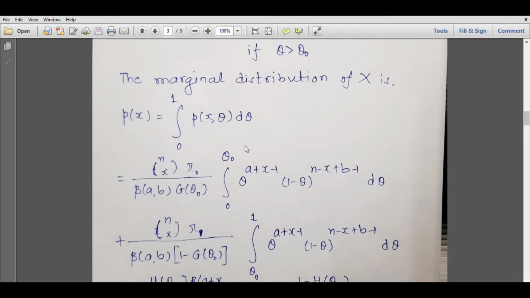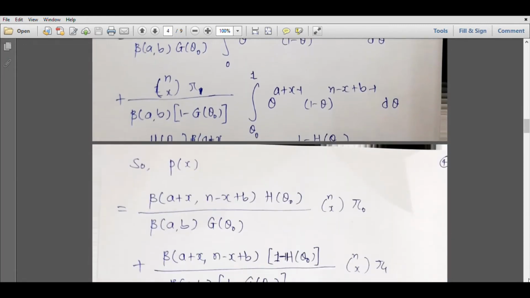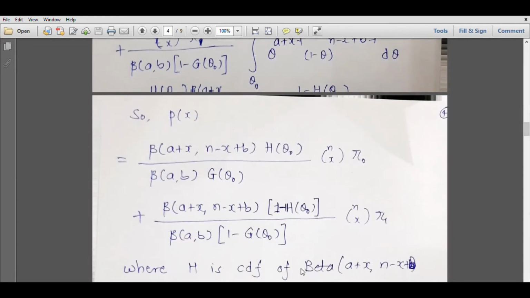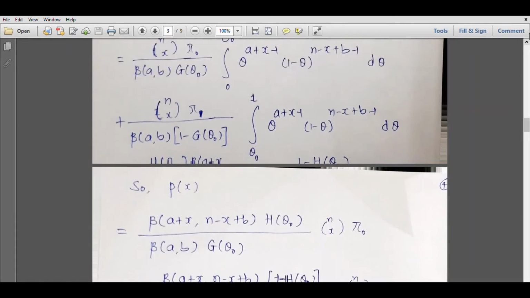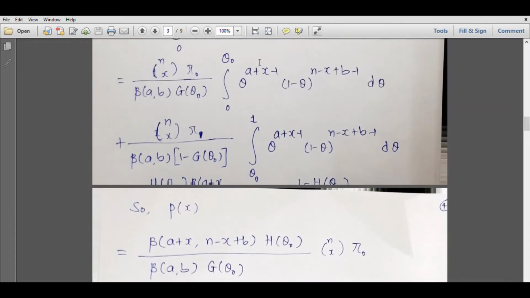If we adjust it as a beta PDF, then the first term becomes the CDF of the beta PDF with parameters a plus x and n minus x plus b at point θ0. Suppose H is the CDF of the beta distribution with parameters a plus x and n minus x plus b. Then this integration will be beta(a plus x, n minus x plus b) times H(θ0).